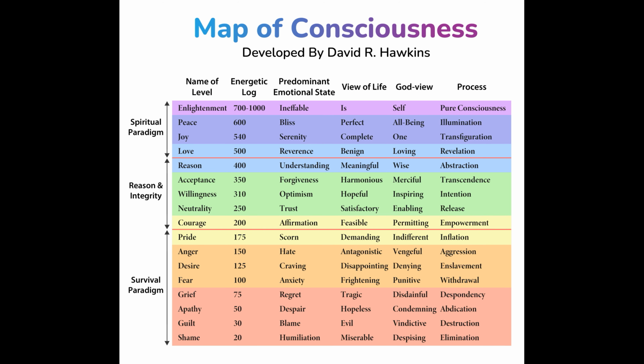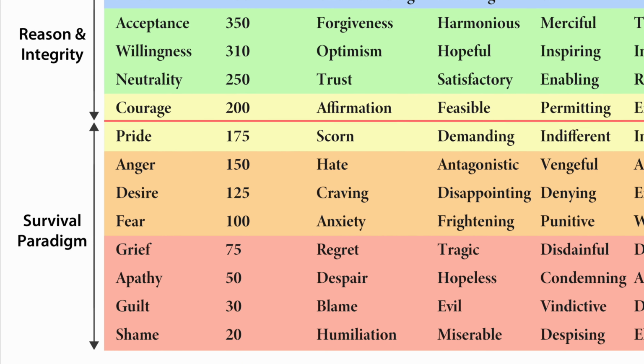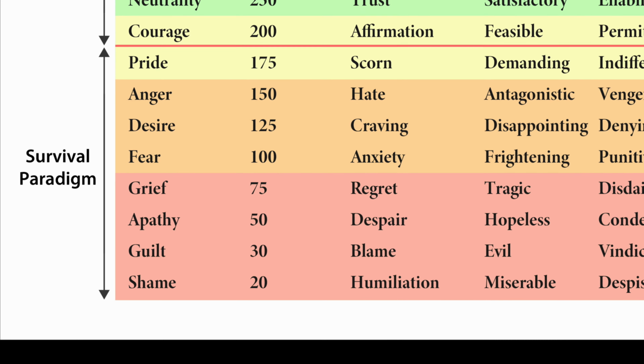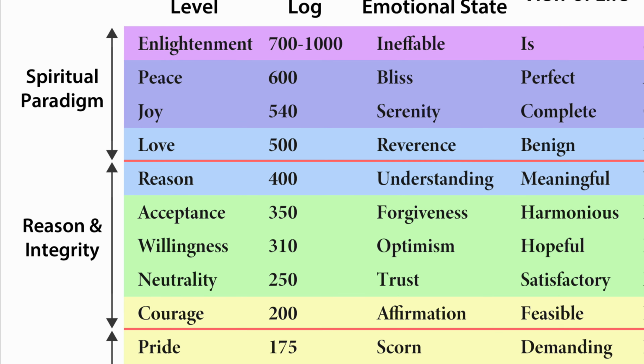Dr. Hawkins created a map of consciousness, which basically gives some numbers. He measured the emotions that we have, and he split the emotion into 3 parts. One part is the lower level of emotion, the survival mode. The upper part is the life mode, and it is split into 2.